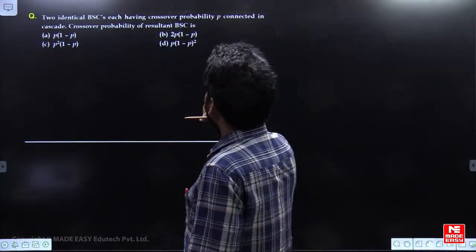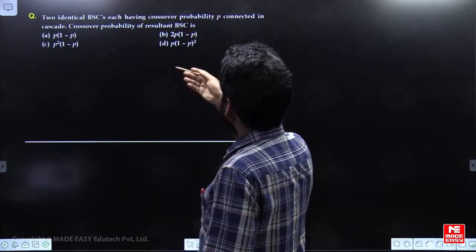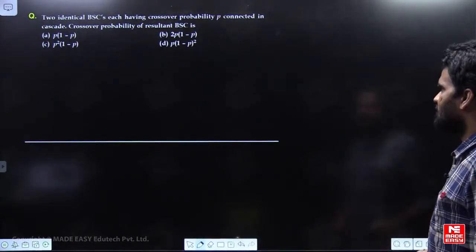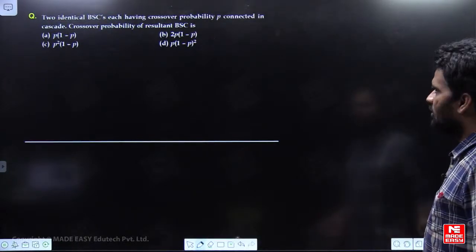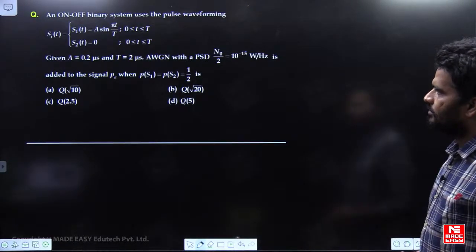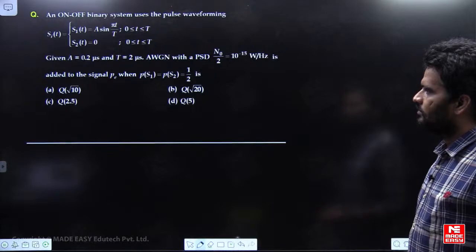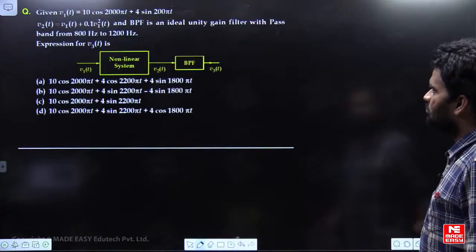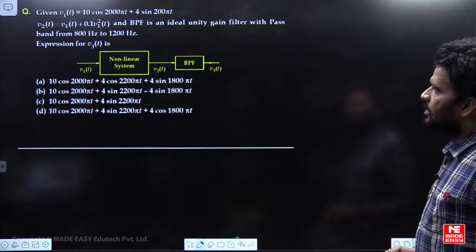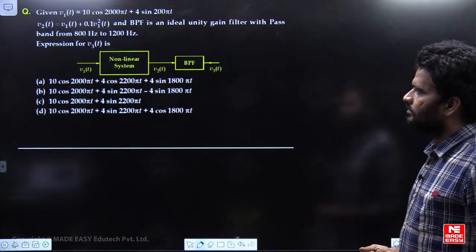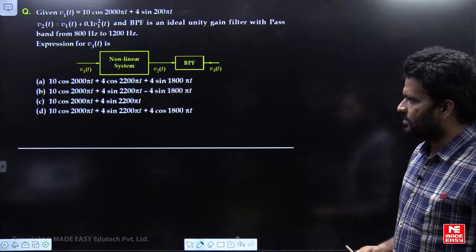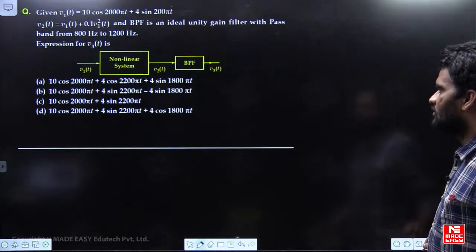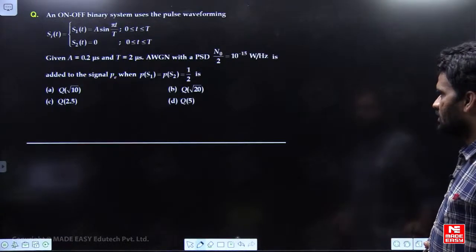This one also you can try. Take the screenshot if you want. And this question, and this question. These are some questions. You can take the screenshots and you can try.